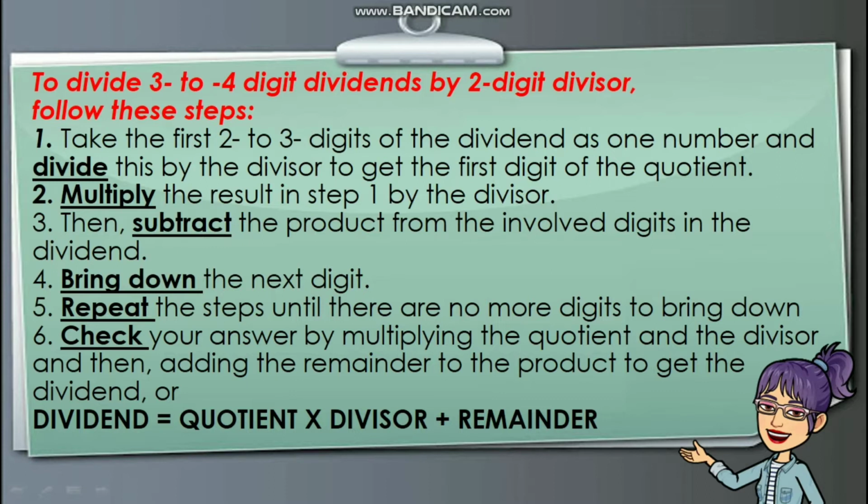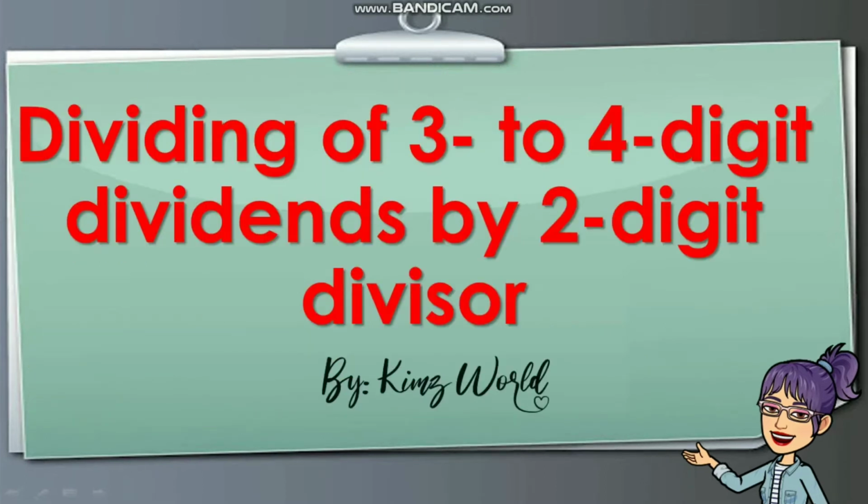I have an acronym, DMSB, which stands for D for divide, M for multiply, S for subtract, and B for bring down. We will be guided by that acronym in dividing numbers by a 2-digit divisor.